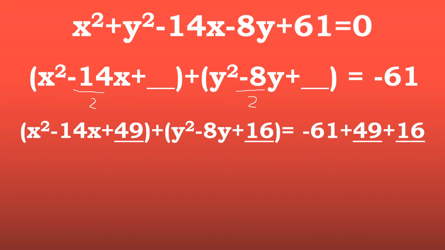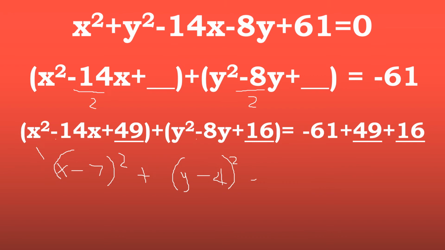Okay, sunod na step, isulat na natin yung standard equation of a circle by getting the square root of x squared pala, and then copy the sign na minus. The square root ng 49 is 7. Tapos, square nyo. Plus, get the square root of y. Copyhin yung sign dito, minus. Square root ng 16 is 4.